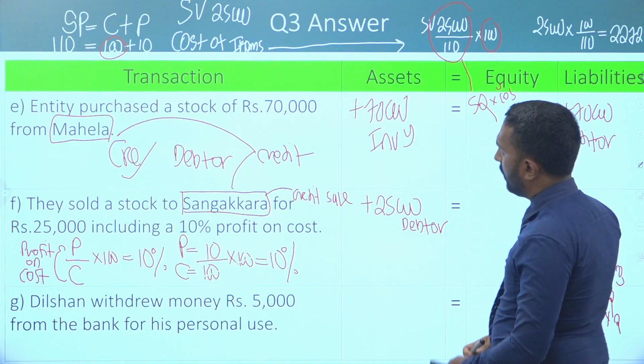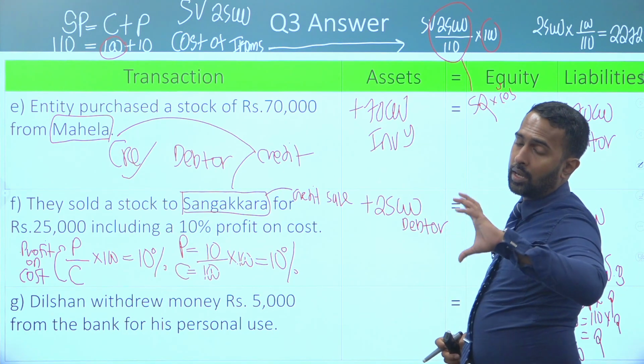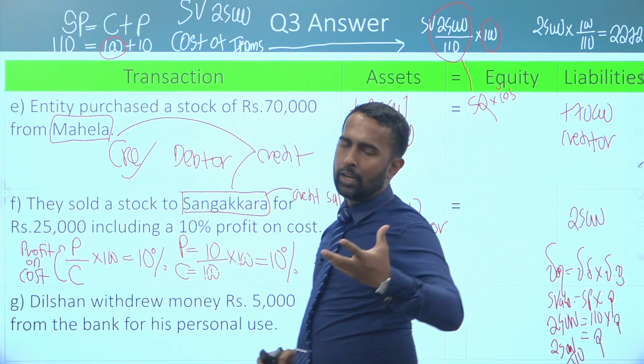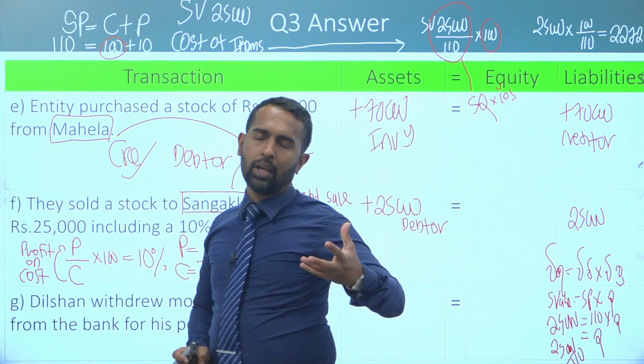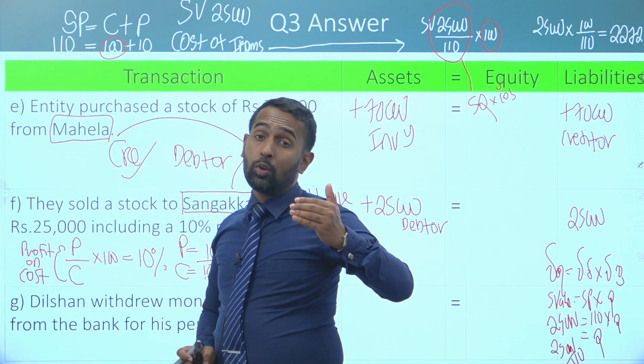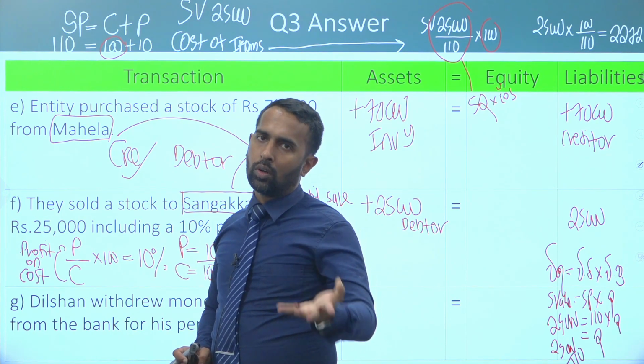When you divide the total sale value by the unit selling price, you get the sale quantity. When you multiply the sale quantity by the unit cost, you get the total cost.